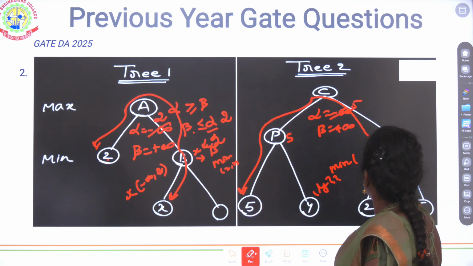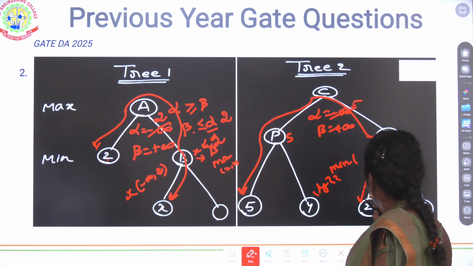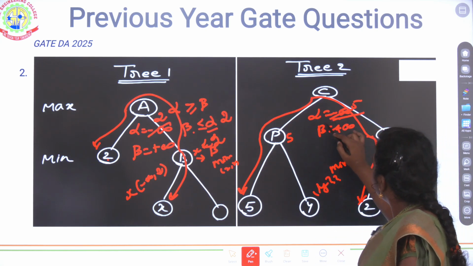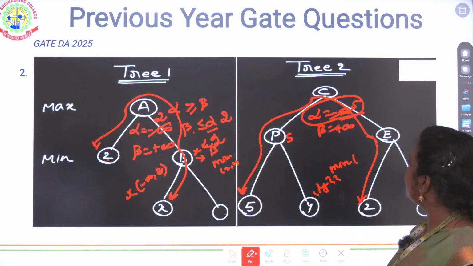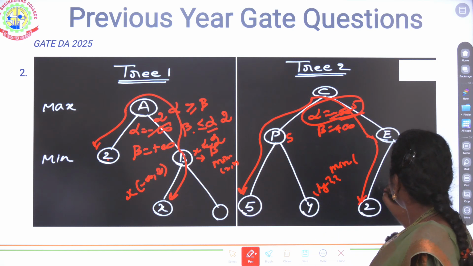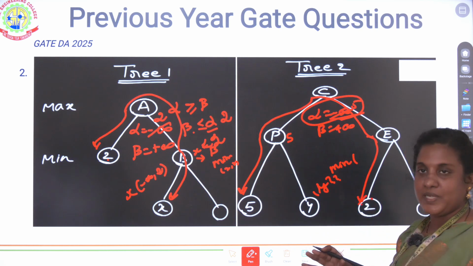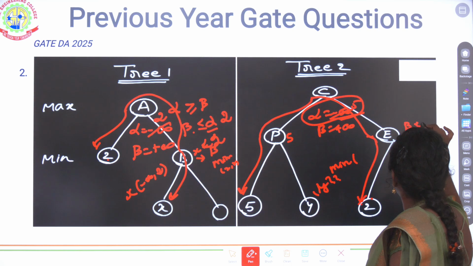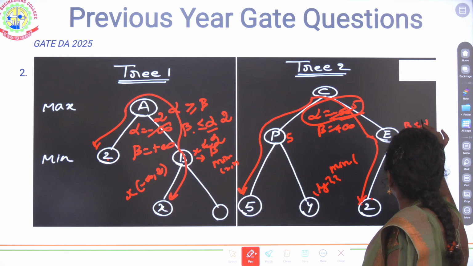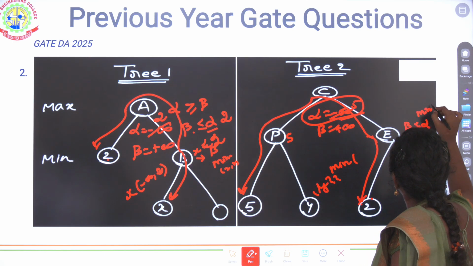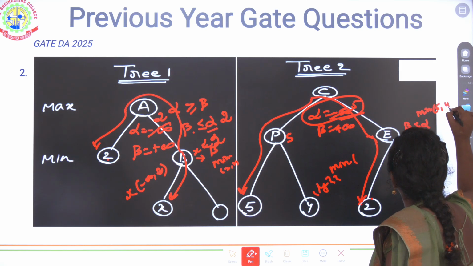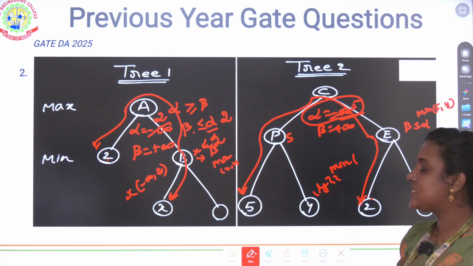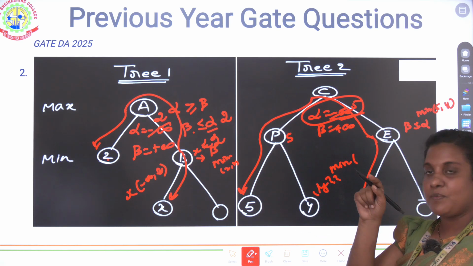It will traverse to the right subtree, and here we have 2. Here alpha is equal to 5. Because beta is always less than or equal to alpha, beta should always be the min of 5 and y.